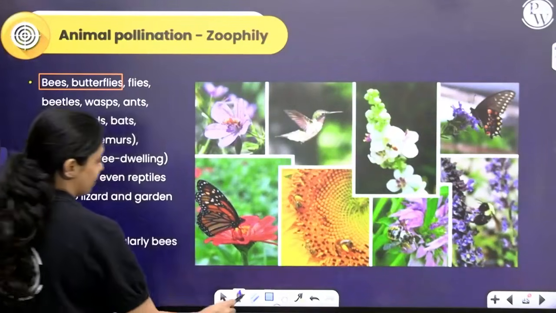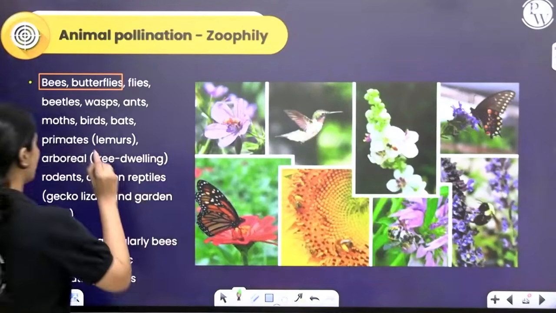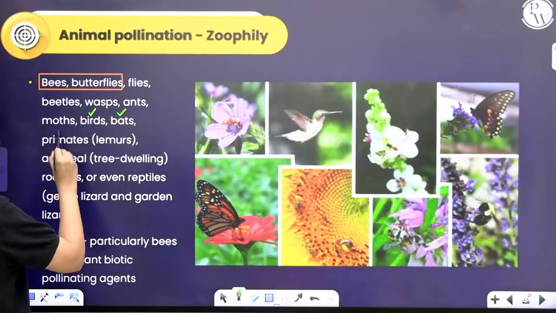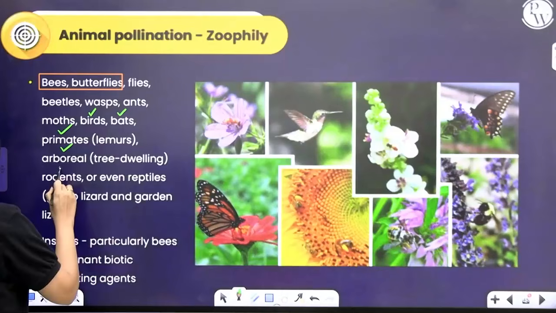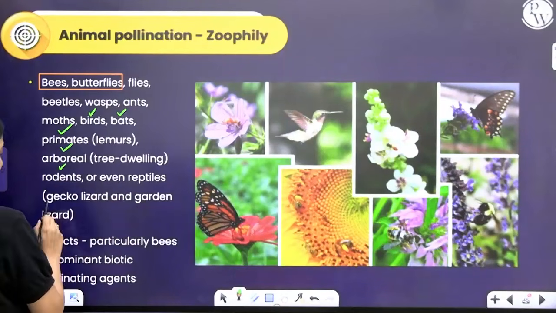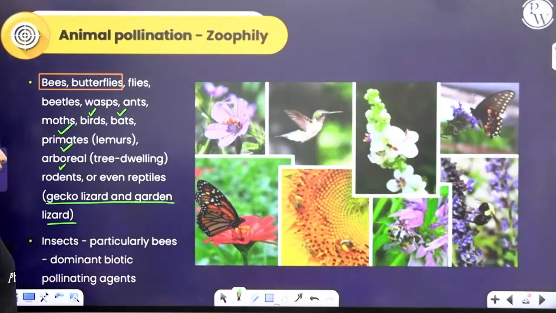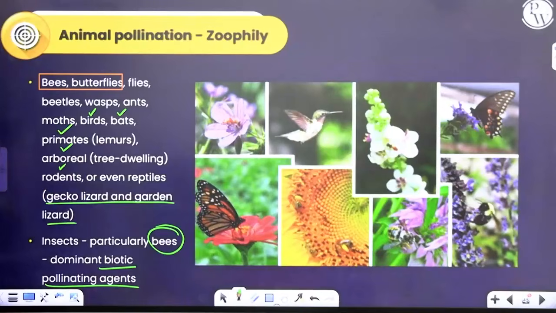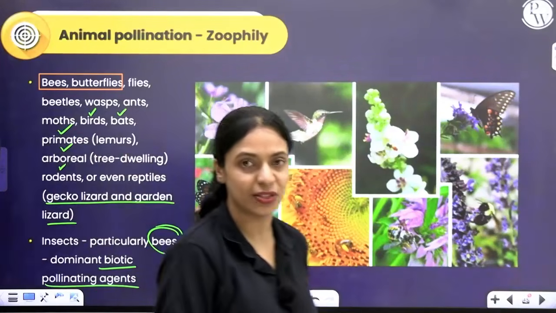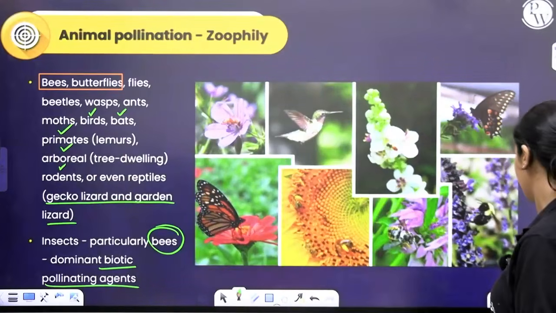But along with them, birds bring about pollination, bats, primates like lemurs, arboreal tree-dwelling animals, rodents like mice, or reptiles like lizards can also bring about pollination. Insects, mostly bees, are the most dominant biotic pollinating agents. In the majority of plants, bees are the pollinating agents.